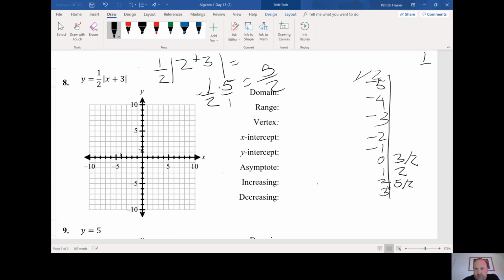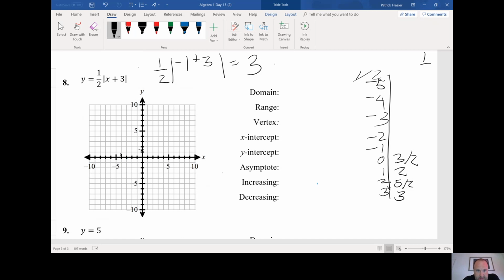So 3 halves is 1.5, and 5 halves is 2.5. Anyway, when x is 3, 3 plus 3 is 6. The absolute value of 6 is still positive 6, and half of 6 is 3. And then going in the other direction, -1. 3 plus -1 is the same thing as 3 minus 1, which is 2.